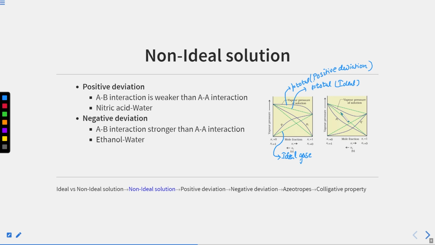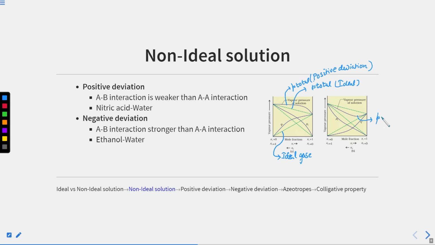Now, if I move to negative deviation, you can see that the pressure that was expected should look like this, but the graph that we got from the non-ideal solution looks somewhat lower, or you can say a lesser value than the expected vapor pressure. So this is for the non-ideal.